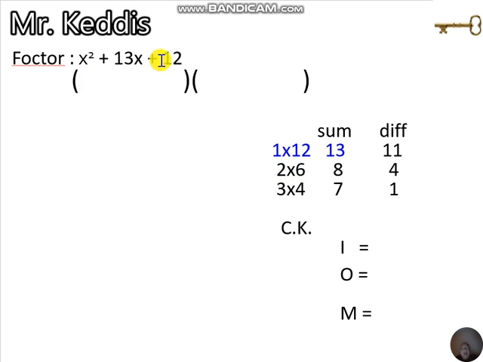The same thing here. The sign is positive, so I look under the sum. Which two numbers give me 13? Which is 1 and 12. I write 1 and 12 because the sign is positive here, meaning both signs must be the same, both positive or both negative. Because the sign of the middle term is positive, both are positive.